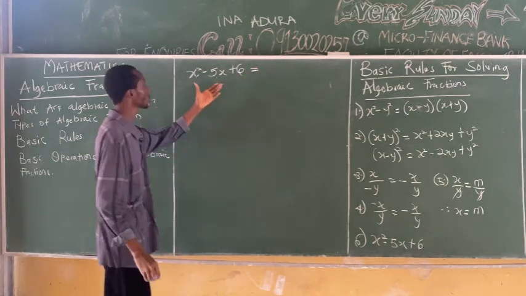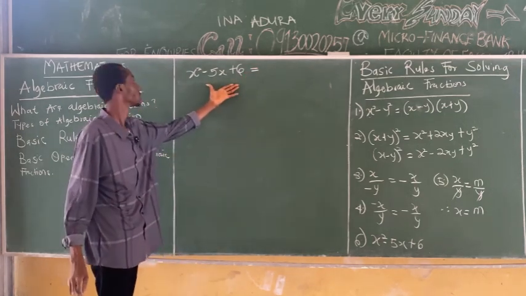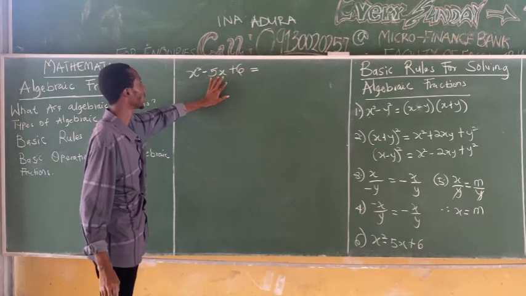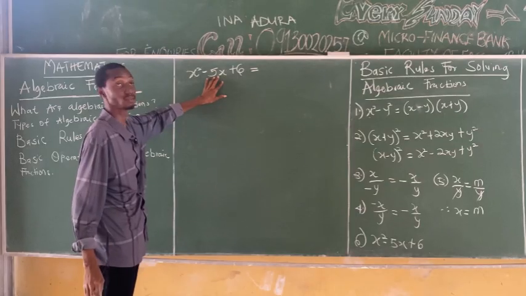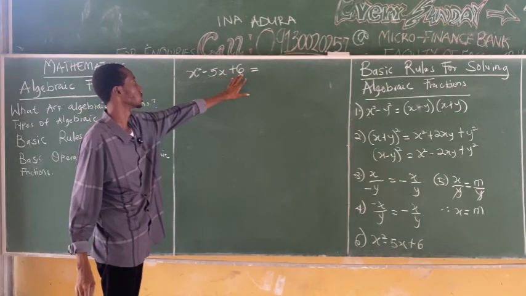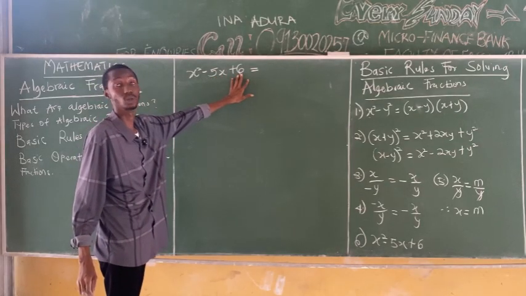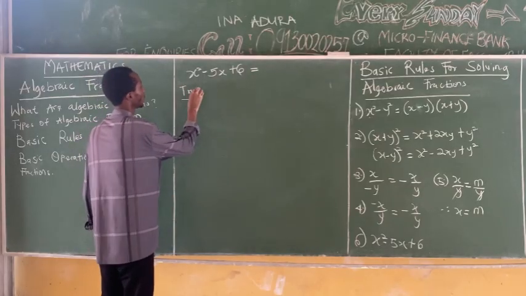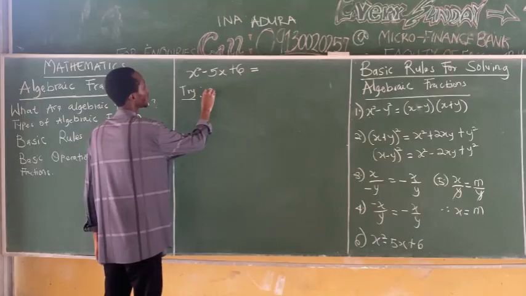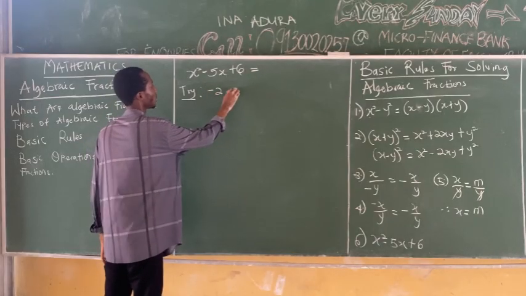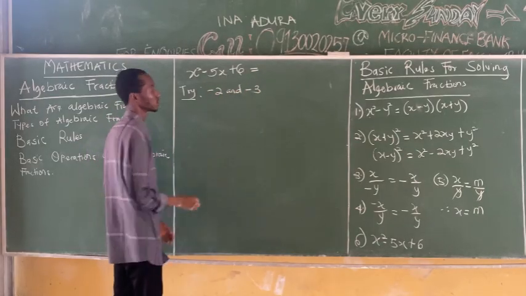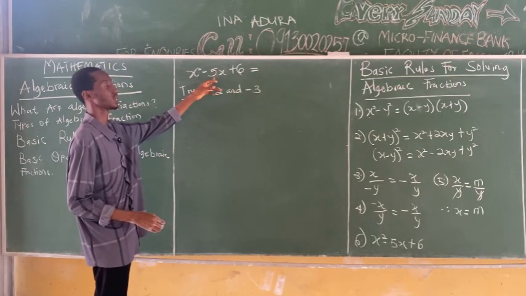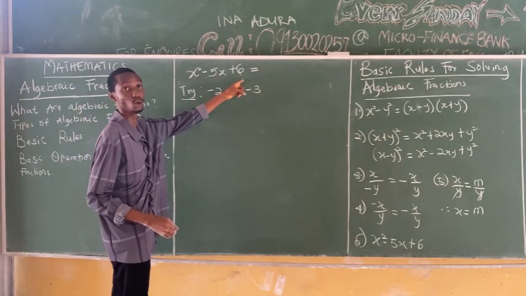When you're asked to factorize something like this, like I said, you find two numbers that when you add them together give you minus 5, and when you multiply them it's going to give you the constant, which is plus 6. So let's try minus 2 and minus 3. Two numbers that when you add them together give us minus 5, and when you multiply them give us 6.